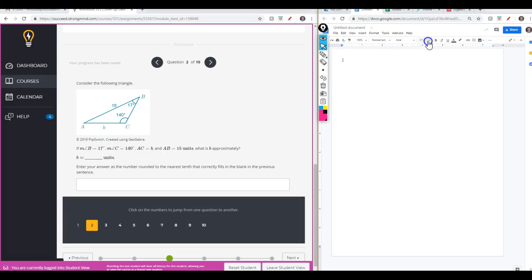Okay, so I'm going to sum up the law of sines. What you need: you need one pair of an angle and its side length opposite it.